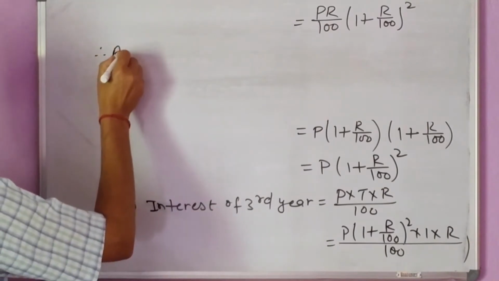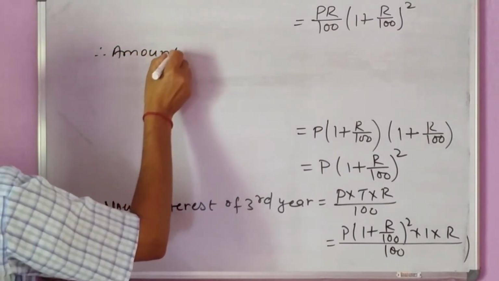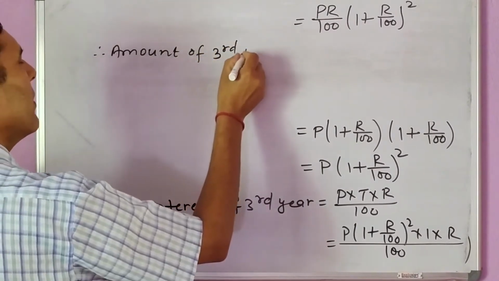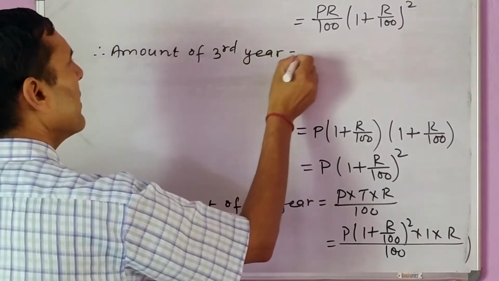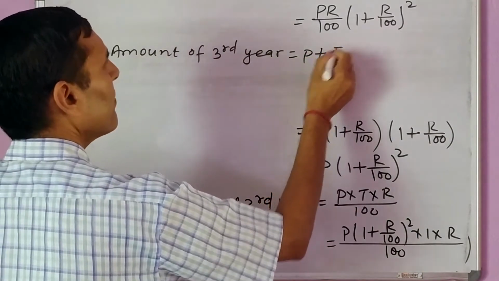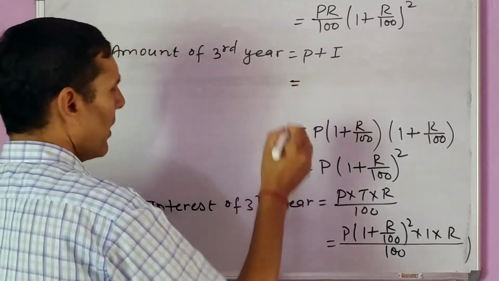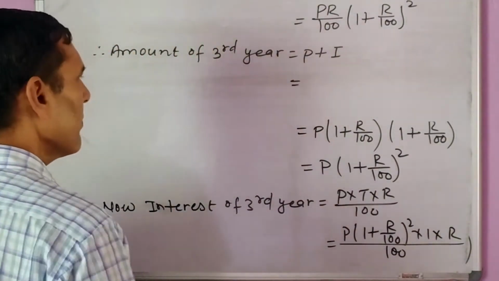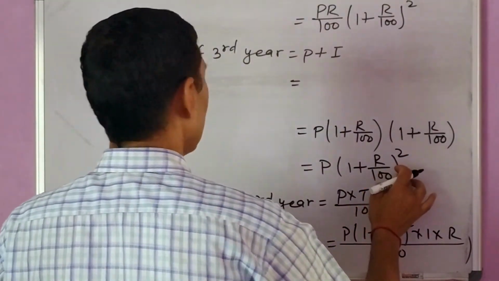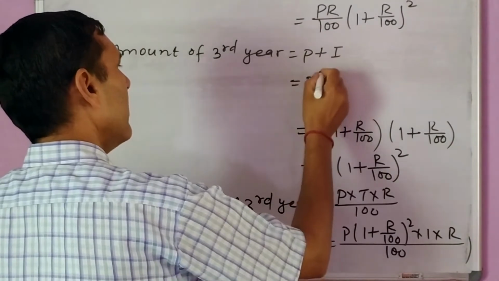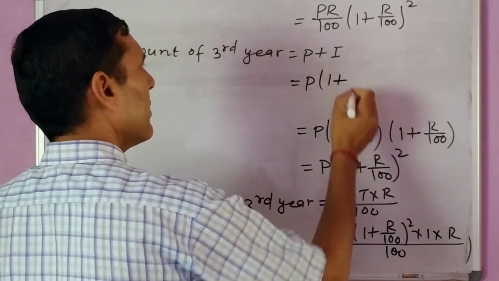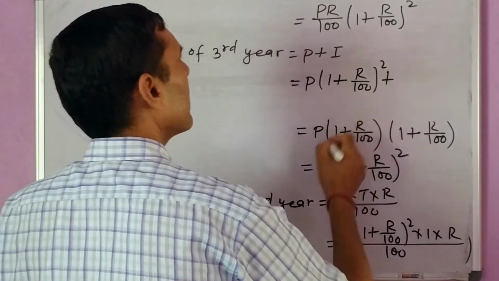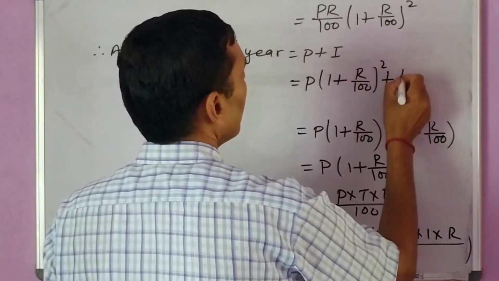Therefore, amount of third year is equal to, again, P plus I. P, this is the principal for the third year, P times 1 plus R upon 100 whole square, plus, what is the interest of the third year?